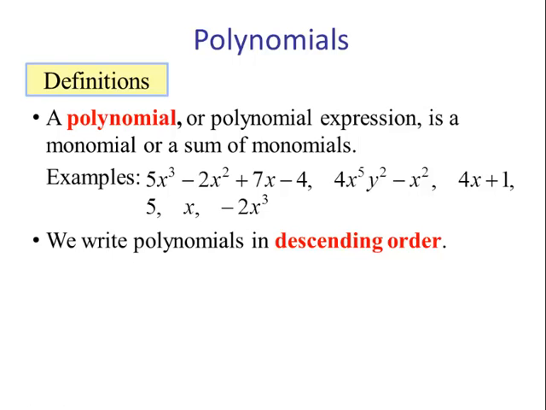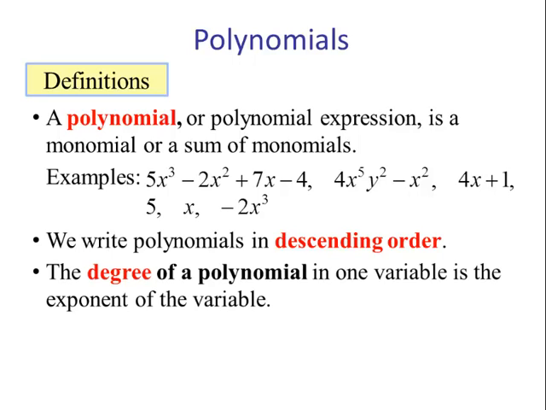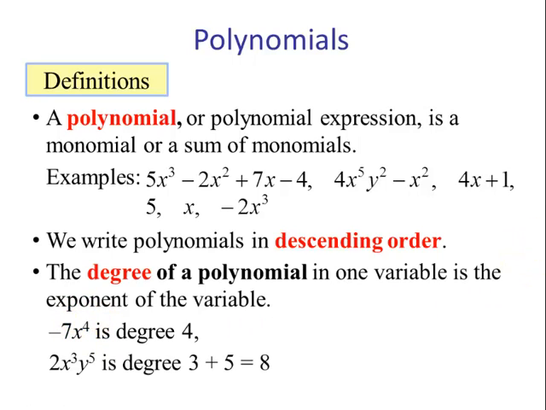So to put a polynomial in descending order, we need to talk about what's called a degree. The degree of a polynomial in one variable is the exponent of the variable. Negative 7x to the 4th has a degree of 4 because that is the exponent for the x term. 2x to the 3rd y to the 5th has a degree of 8 because this is one term and we add the exponents.